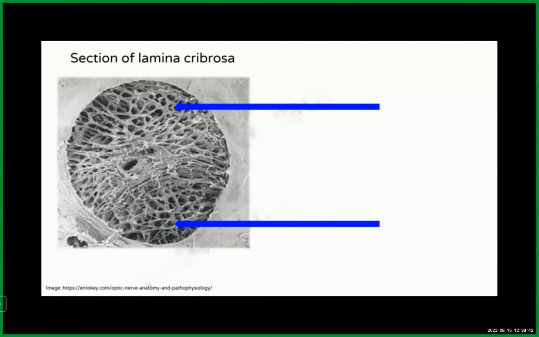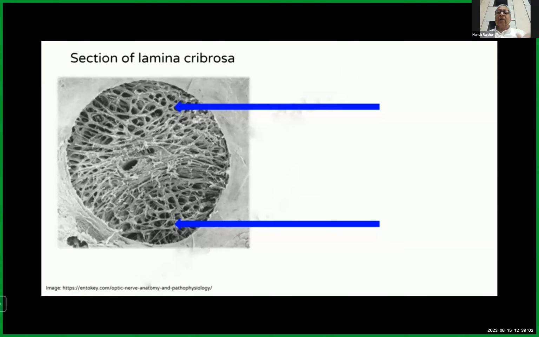As the lamina cribrosa, as you can see in the image, has larger pores in the poles, superiorly and inferiorly, having less nerve fiber layer and less connective tissue for interruption, that's why the cup elongates more vertically.